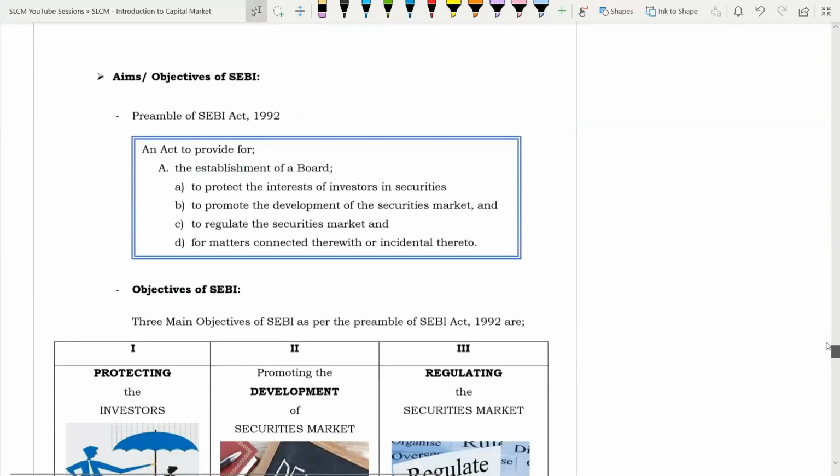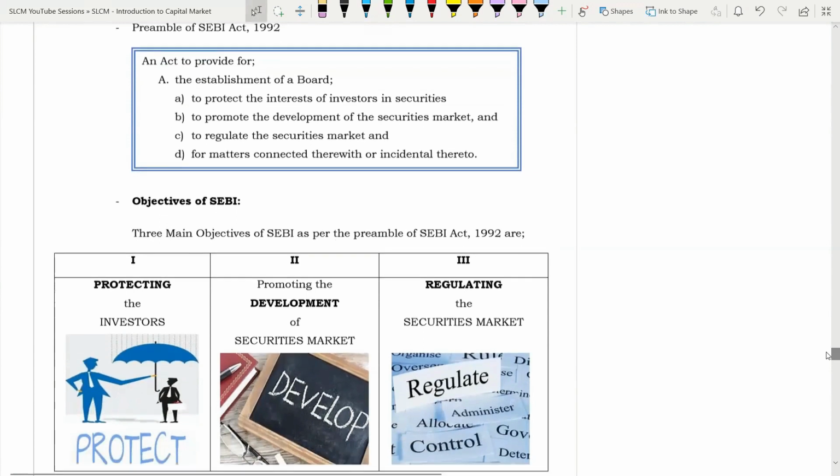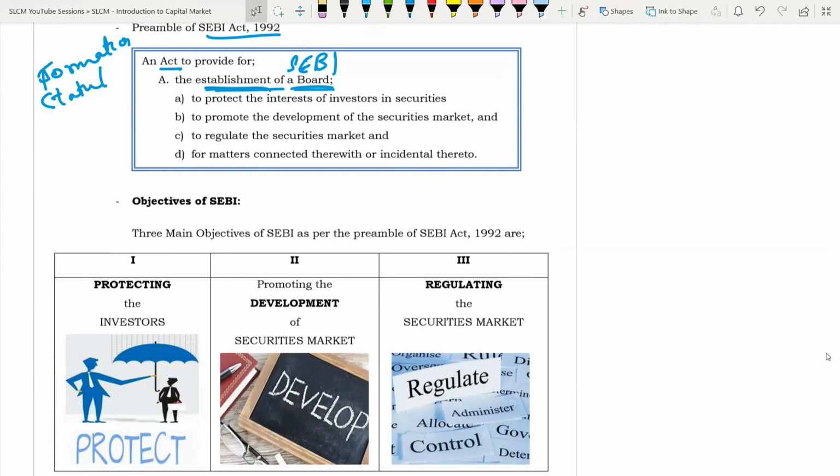What is the objective of SEBI? The objective of SEBI is clearly divided into three aspects based on the preamble. The preamble of the SEBI Act of 1992 says that it is an act passed mainly to establish the Securities Exchange Board of India. The entire SEBI Act of 1992 is for the formation and giving statutory recognition to the Securities Exchange Board of India.